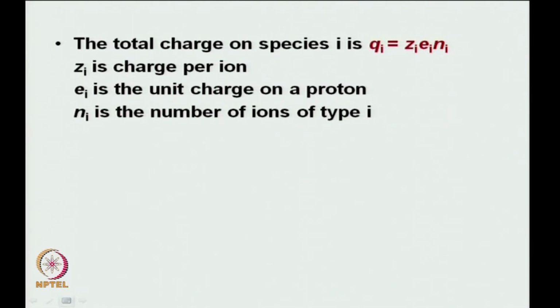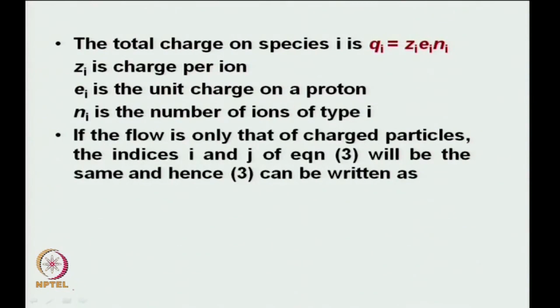Now, if that is the case, I take this assumption. In that differential equation for Gibbs free energy, I say that only those particles are moving across or diffusing which are actually charged. Remember, how did we differentiate i and j?